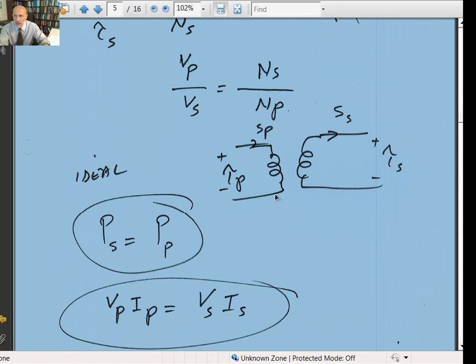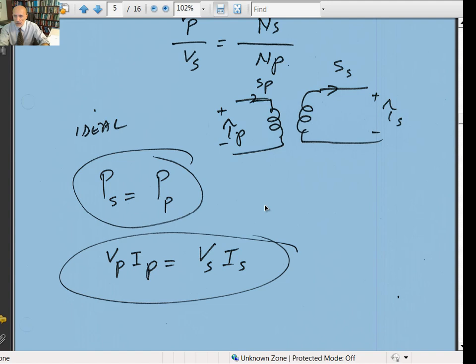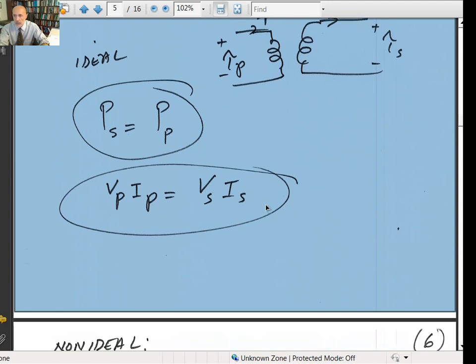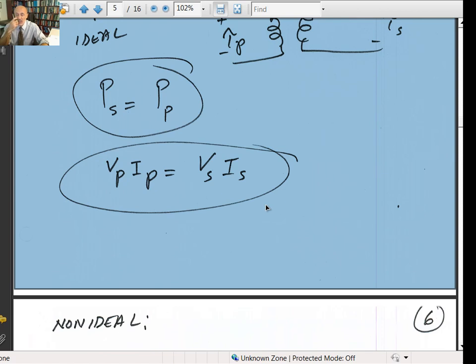And that's ideal. So you can say this is the torque, and this is the speed. On the secondary, you have the angular speed, and then you have your torque on the secondary. So in the ideal case, it acts like a mechanical transformer with a set of gear trains.